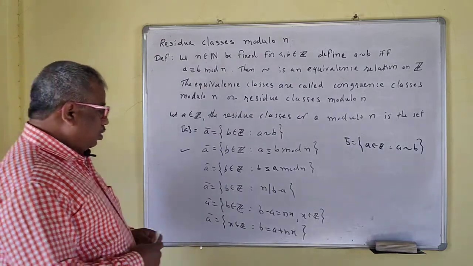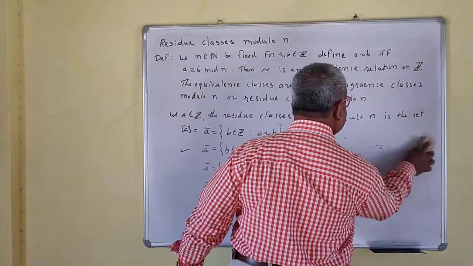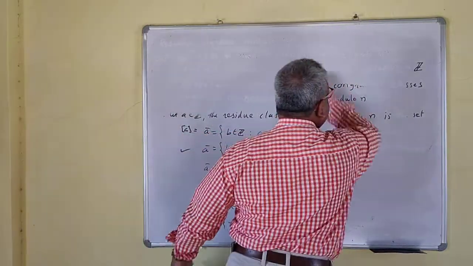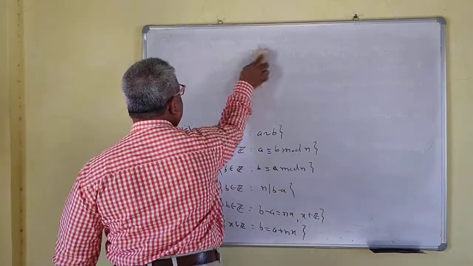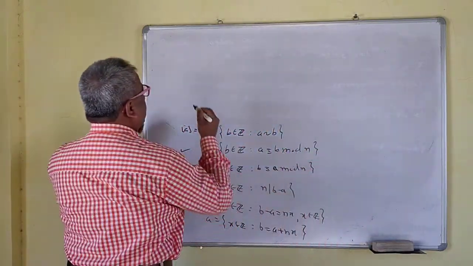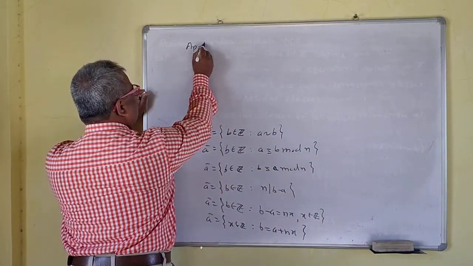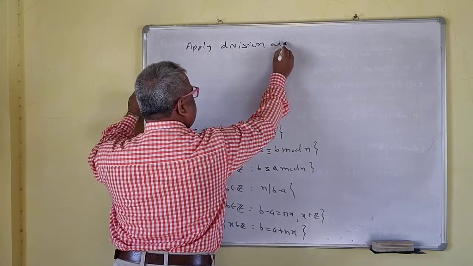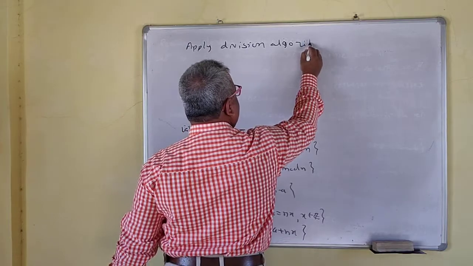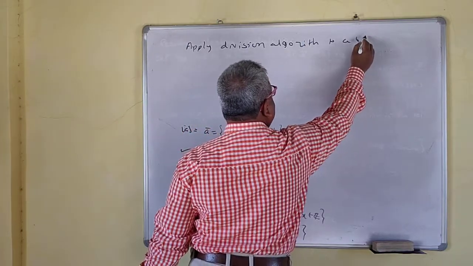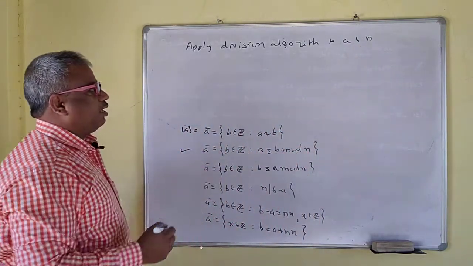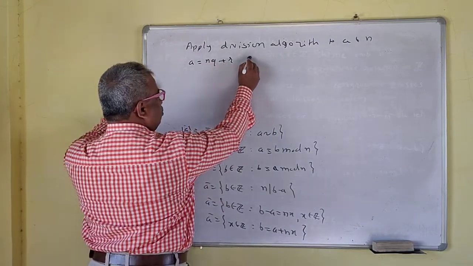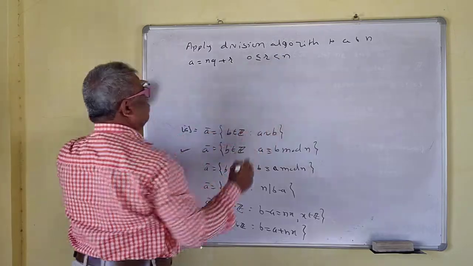Now see that. Suppose we apply the division algorithm to a and n. So a is equal to nq plus r, where 0 is less than or equal to r less than n.